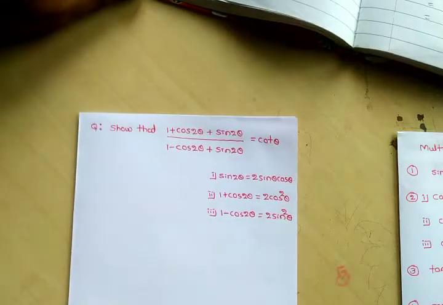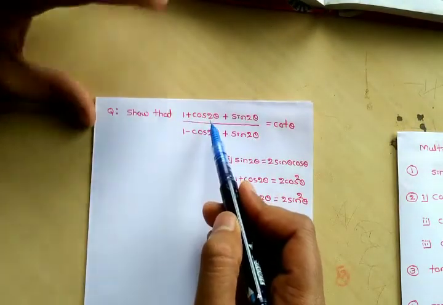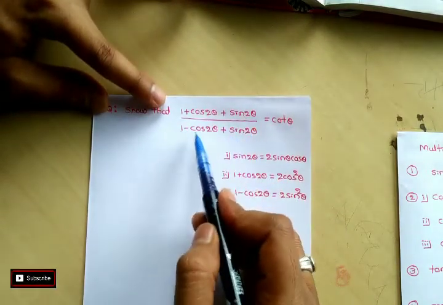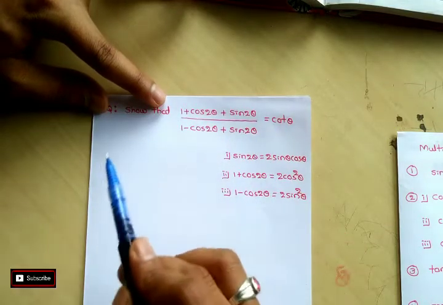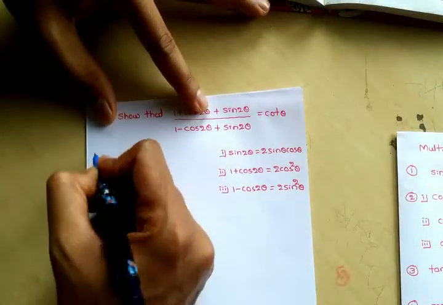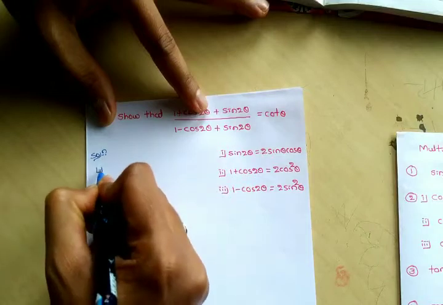Next example. Show that (1 plus cos 2 theta plus sin 2 theta) divided by (1 minus cos 2 theta plus sin 2 theta) is equal to cot theta. Again here I am going to take the left hand side value. So solution. First I am going to consider the left hand side.